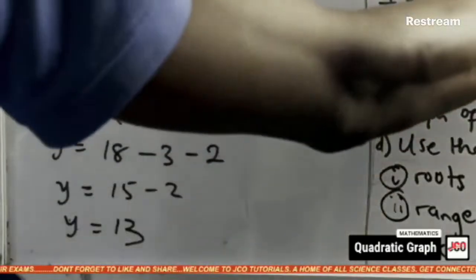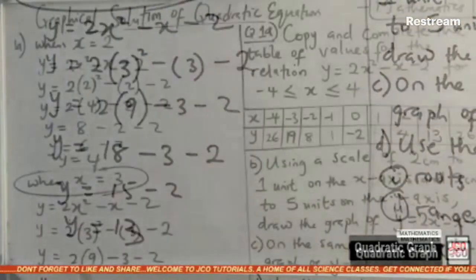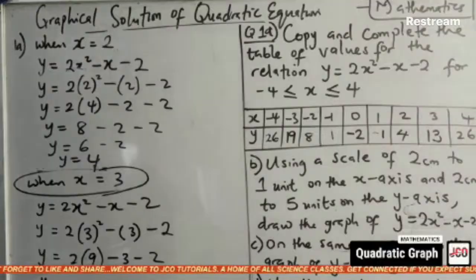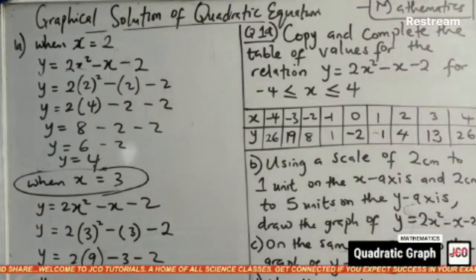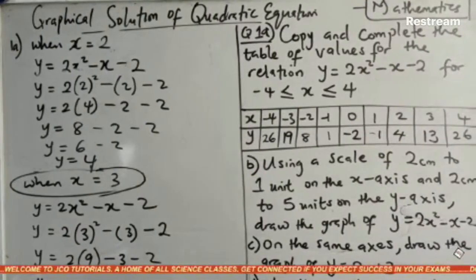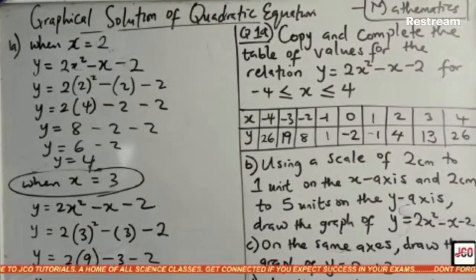So that's the last value there. Having done this and understood it, we're now going further to plotting the graph. So stay tuned. I'm going to plot the graph now.